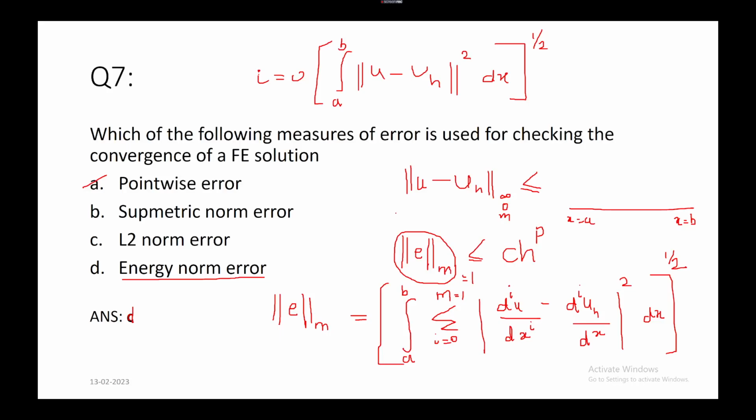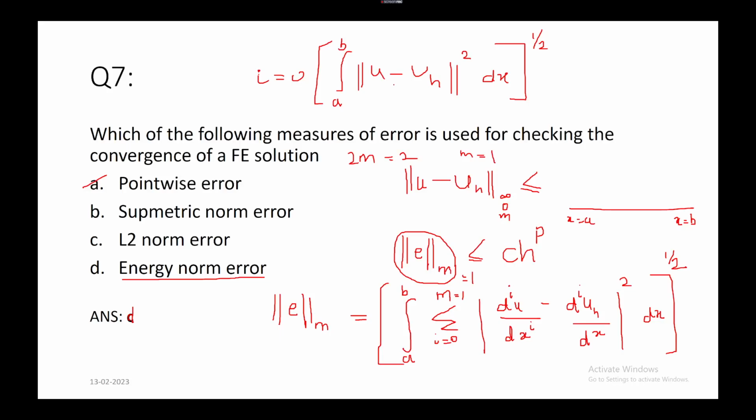Usually, as we saw earlier, if the order of the differential equation is 2m, then if you have a second order differential equation, your m will be equal to 1. So if m is equal to 1, then you will have a differential term also. It is not necessary that it will only be terms without differential terms.